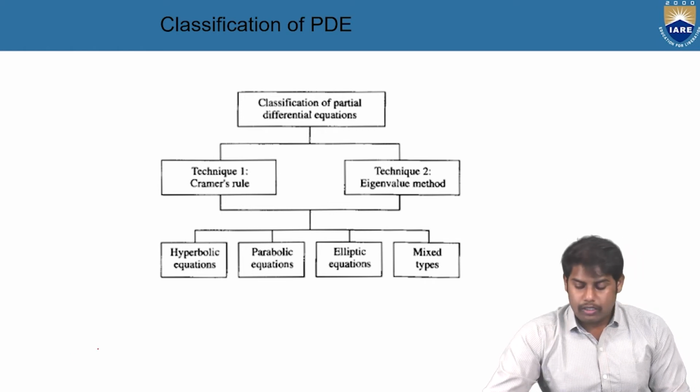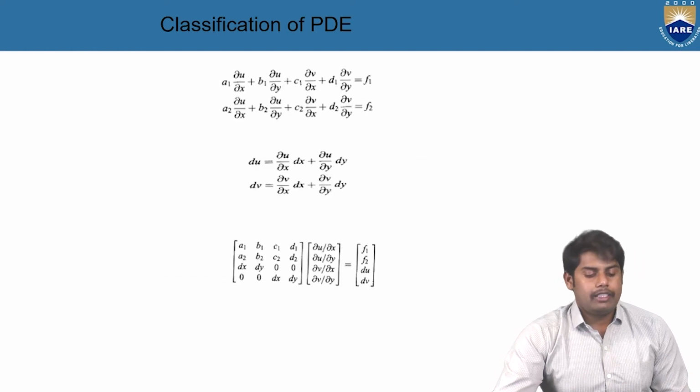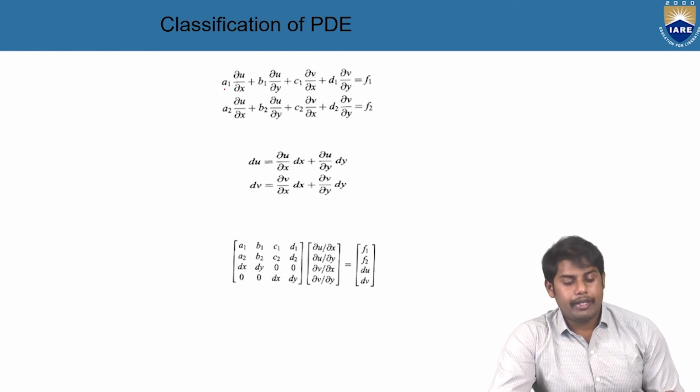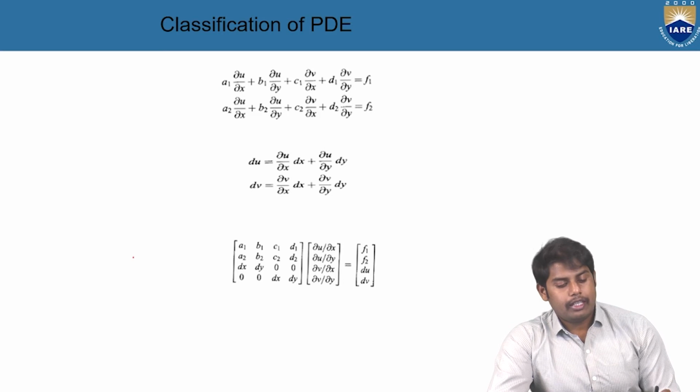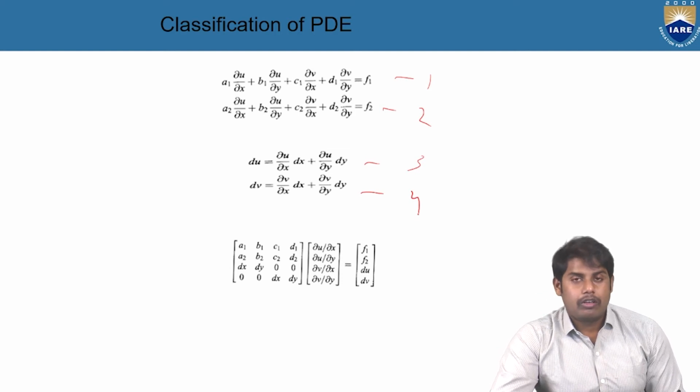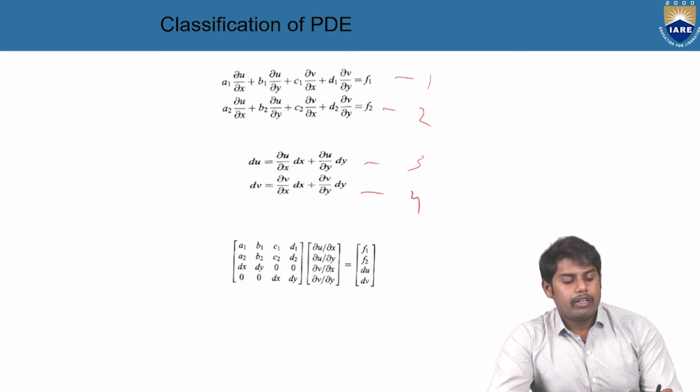Okay, fine. So here let's take a small quasi-linear PDE system. Here you can see there are four equations: 1, 2, 3, and 4. The basic thing we have is a1 dou u by dou x, b1 dou u by dou y, c1 dou v by dou x, d1 dou v by dou y is equal to f1.